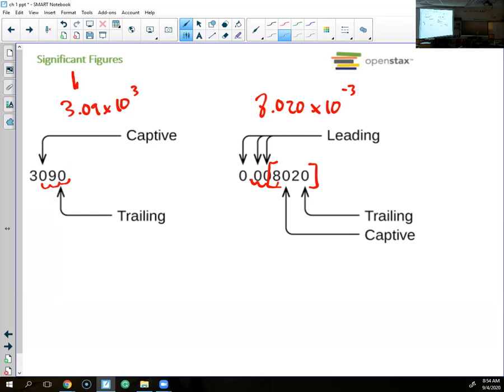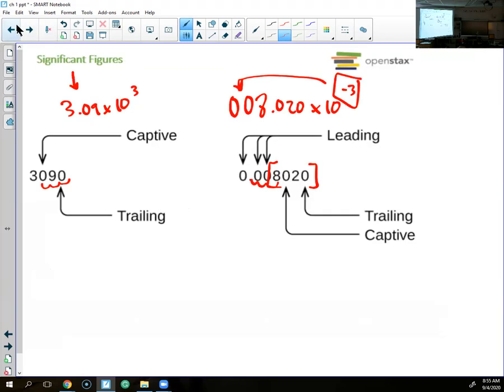So when we report scientific notation, we only include the significant figures. And so that's another reason these 2 zeros don't count, because it would look really weird if we put 008.020 times 10 to the negative third. This tells me that there was 2 things before it, so I don't need to put it in there.